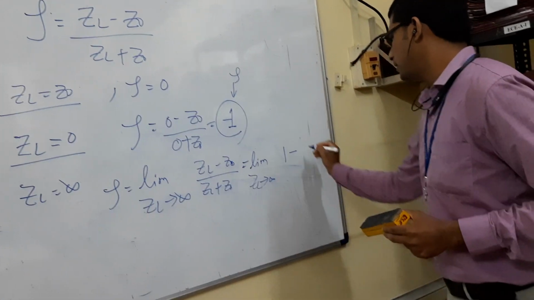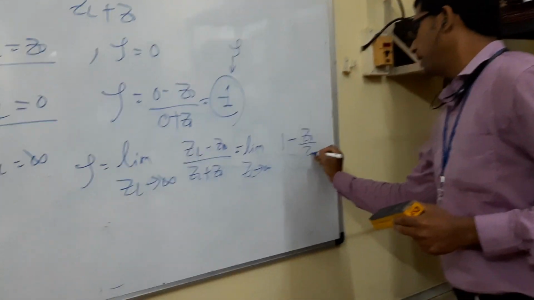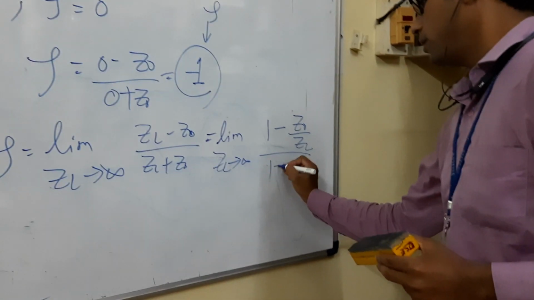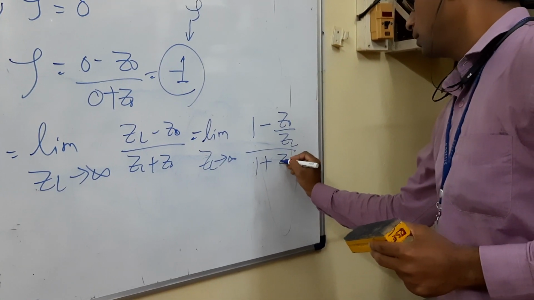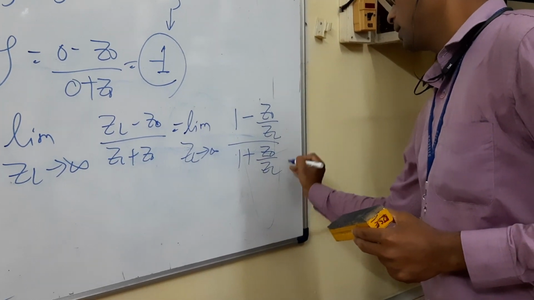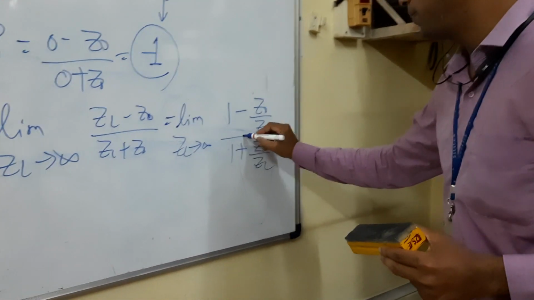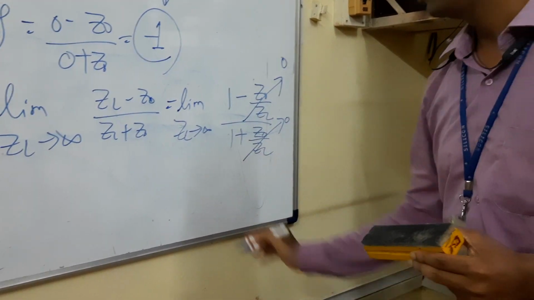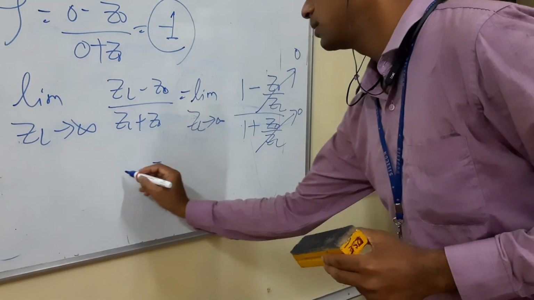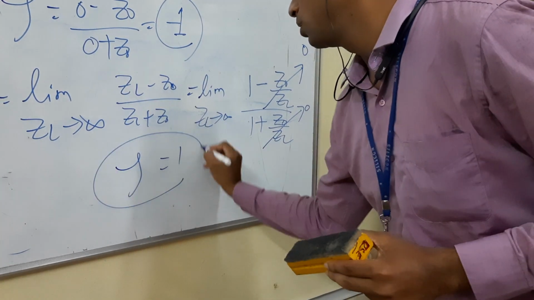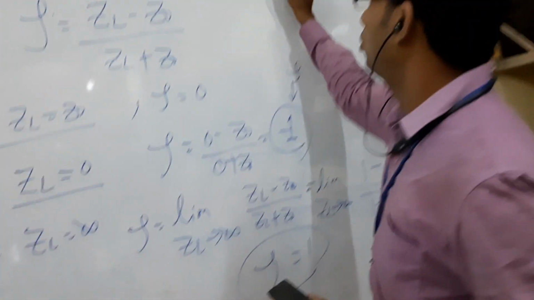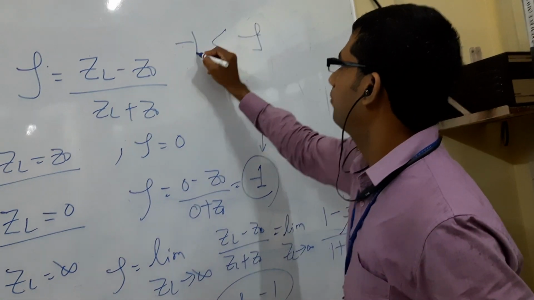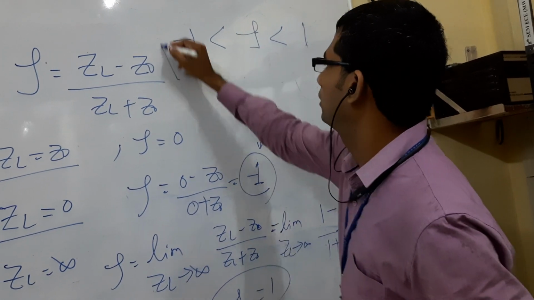That means 1 minus Z0 by ZL by 1 plus Z0 by ZL. Since ZL tends to infinity, this term becomes 0, this term becomes 0. So the answer is rho equals 1. So the reflection coefficient rho lies between minus 1 and plus 1.